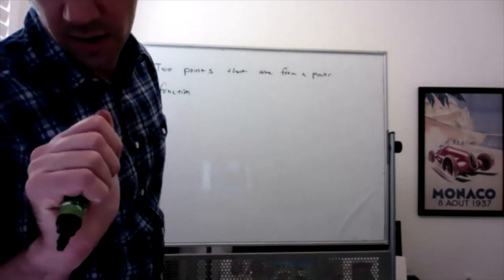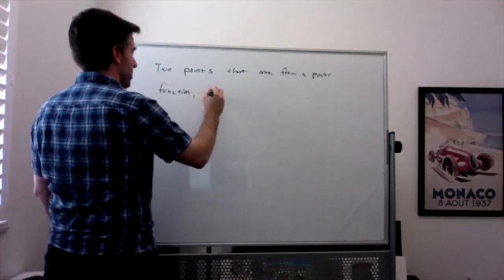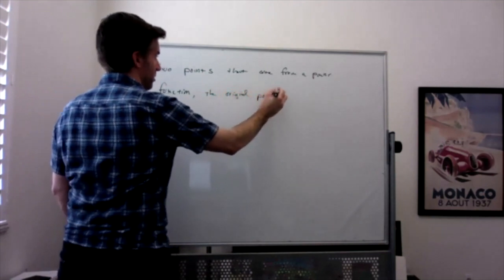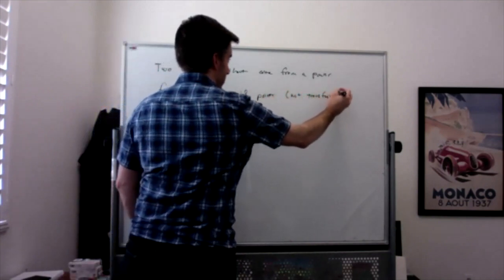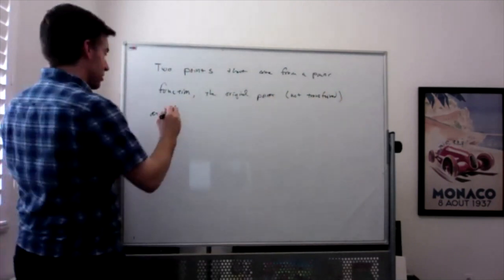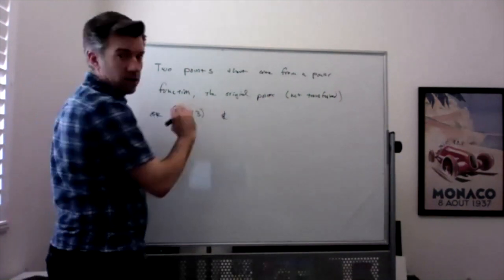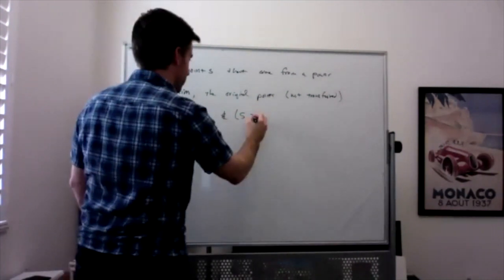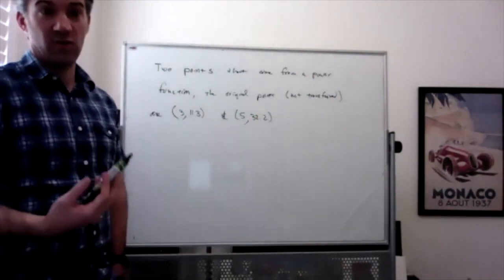And those points, we know that the original points, not transformed, are 3, 11.3 and 5, 32.2. I want to find the original function.